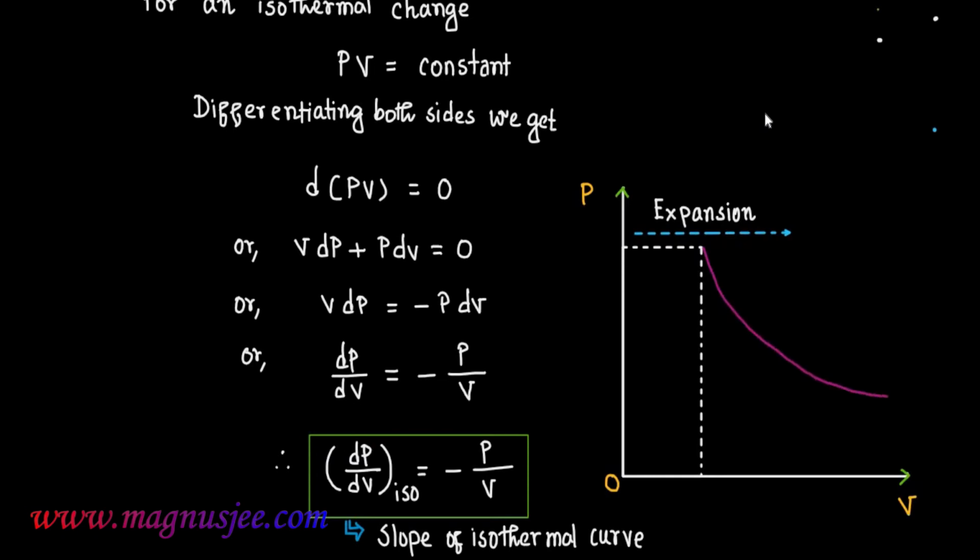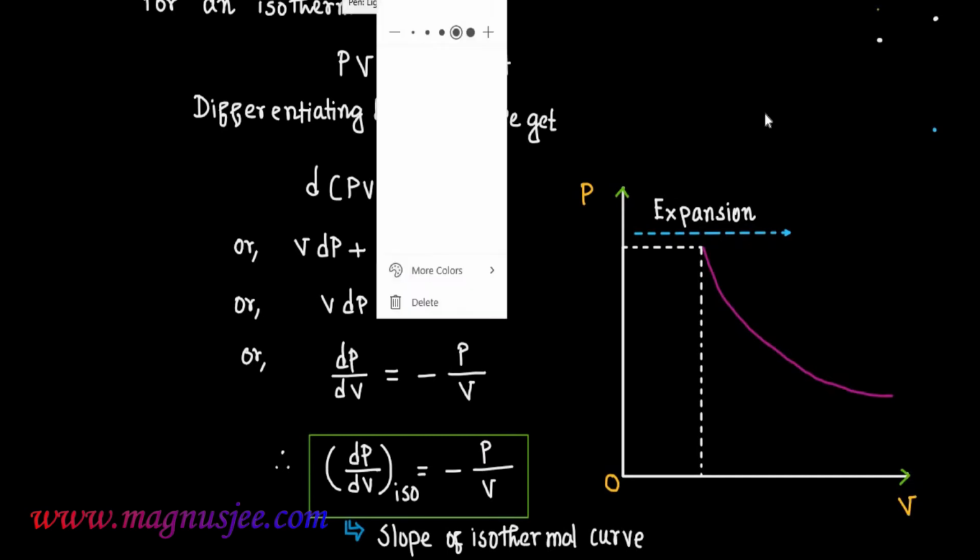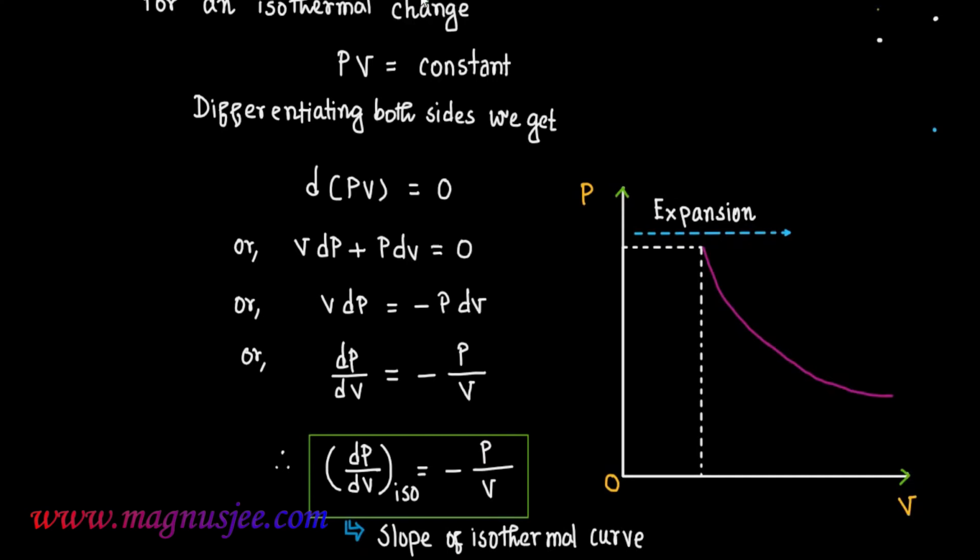In this case, the isothermal curve will have negative curvature. If we increase volume, then pressure decreases.